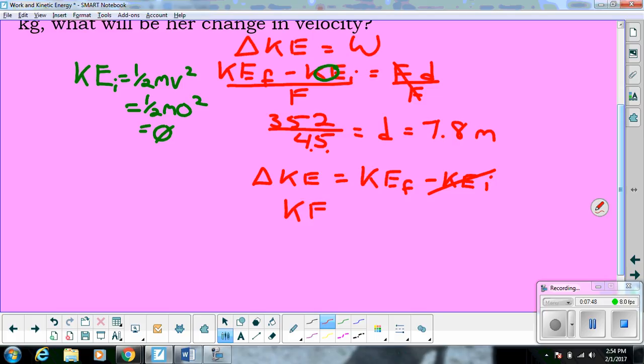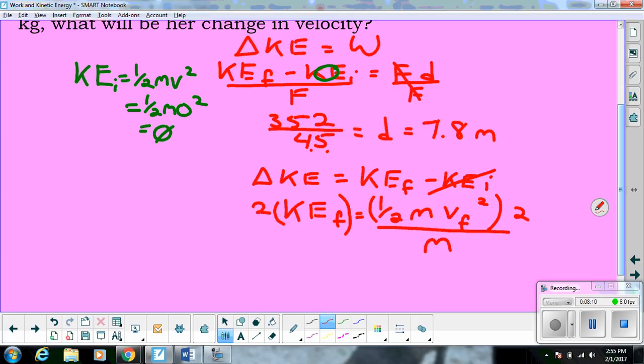So the kinetic energy final is going to be 1/2 times the mass of the person times the final velocity squared. So what I can do here is multiply both sides by 2, divide by m, and take the square root, and that's going to find me the final velocity of the girl on the roller skates.